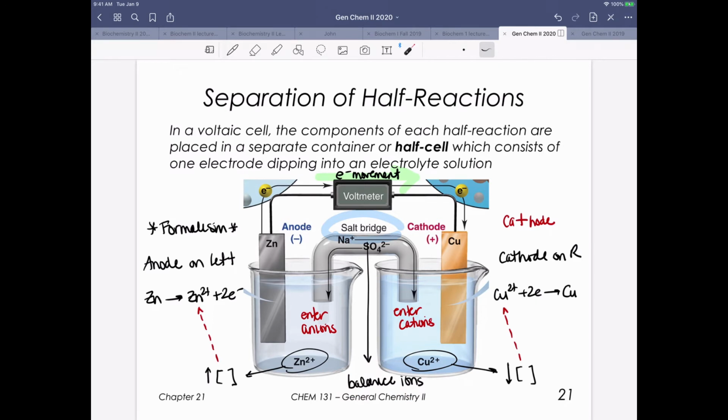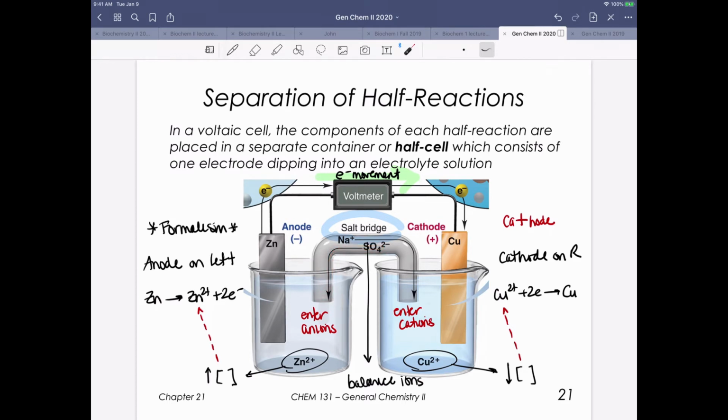So see if this part of the puzzle makes sense. We are going to be increasing the concentration of positive charge in our anode compartment. That's why sulfate is going to migrate over to this side to help balance that charge. We're increasing the concentration of positive ions, so negative anions are going to migrate in this direction.